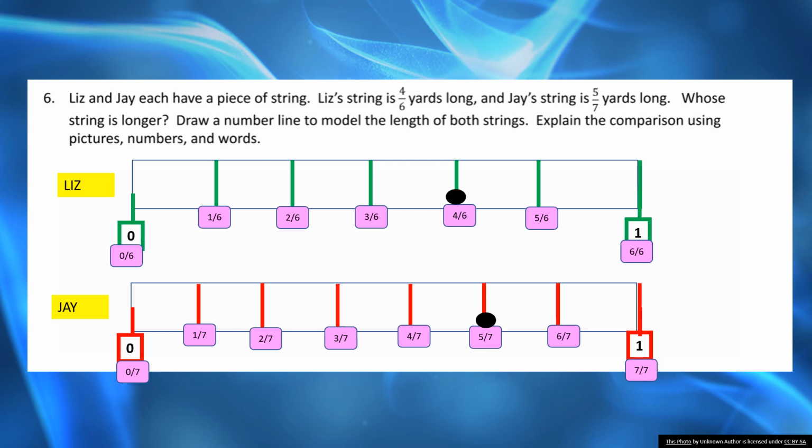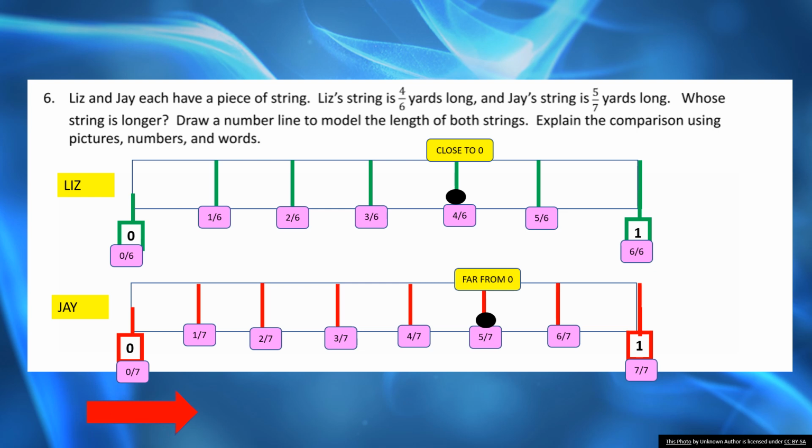So looking at 4/6, is 4/6 closer to 0 than 5/7? Yes. 4/6 is closer to 0 than 5/7 is, which means 5/7 is far from 0. So since 4/6 is close to 0, that means that it's the smaller fraction.